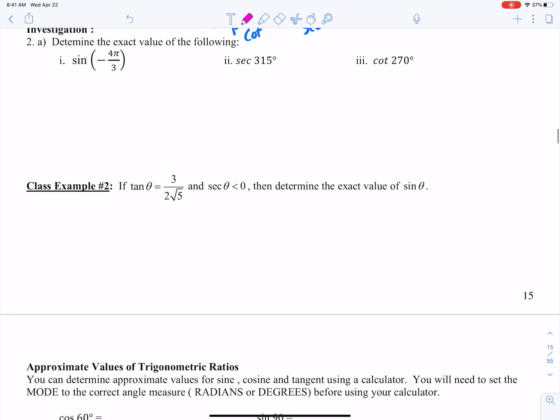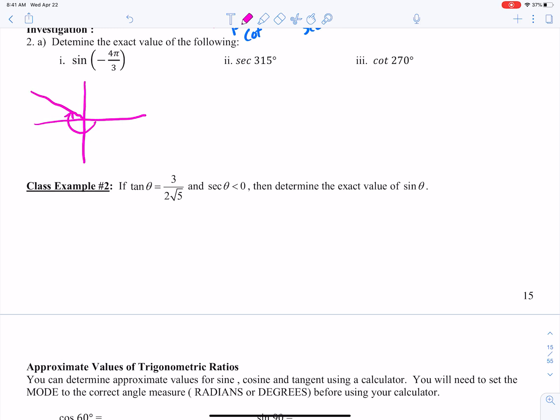All right. So determine the exact value of the following. Well, sine of negative 4 pi over 3. That is a negative rotation, all the way up to here.